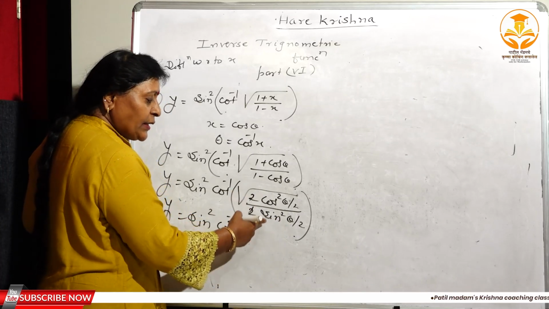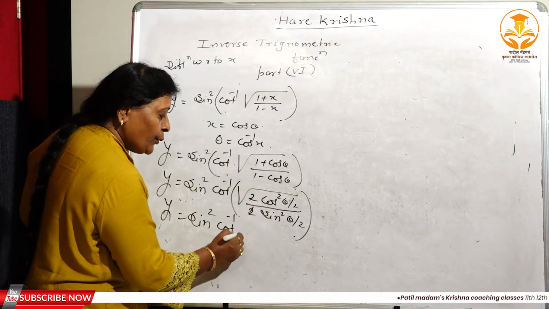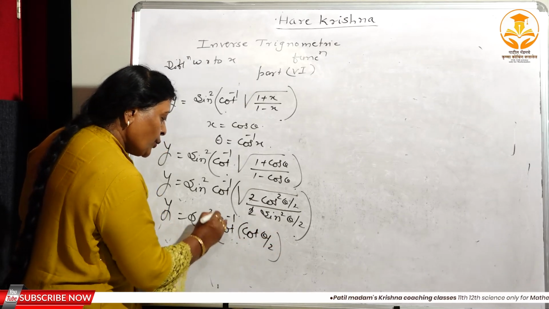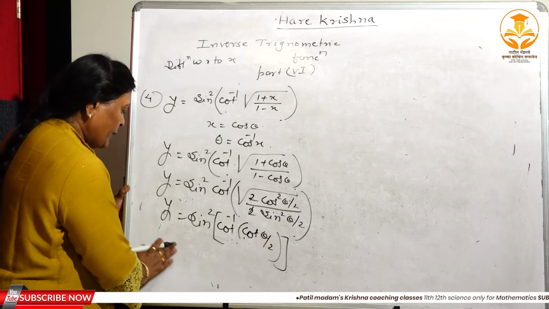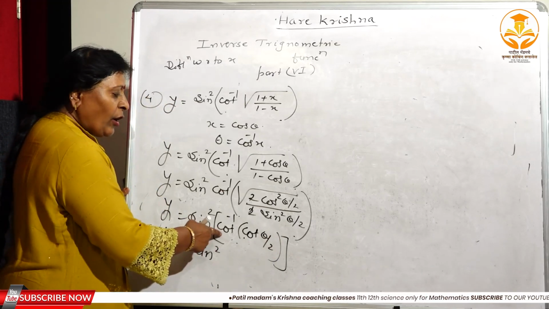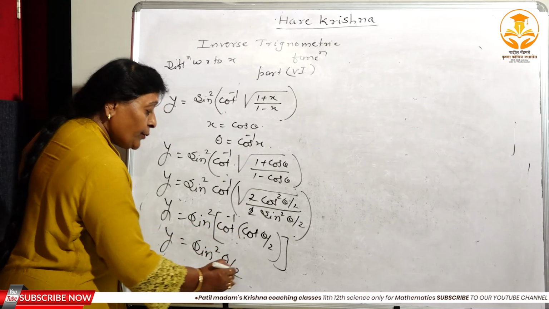Therefore cos theta by 2 divided by sin theta by 2, it is nothing but cot theta by 2, right? So again here you have got y is equal to sin square cot inverse cot, get cancelled, and theta by 2.